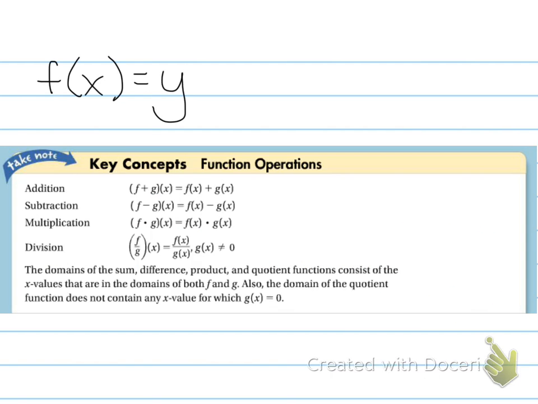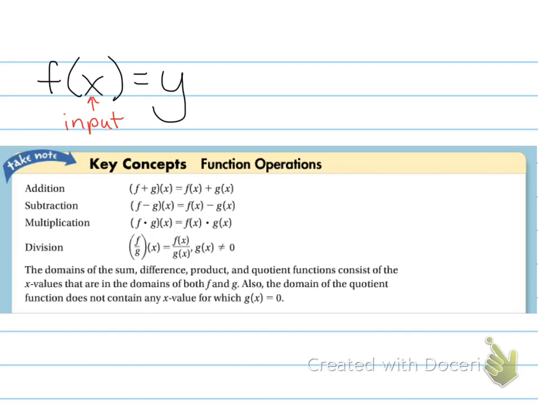Okay, so before we actually do any of the work, let's go back and review function notation. So remember that when you see an f parentheses x, or it could be g of x or h of x or whatever, the f doesn't matter, but the parentheses x, anytime you see that, that is function notation. And so whatever value you see inside the parentheses in place of x, that would be your input value.